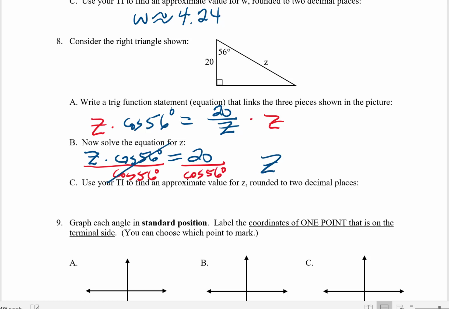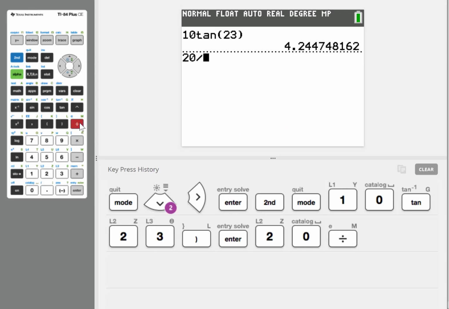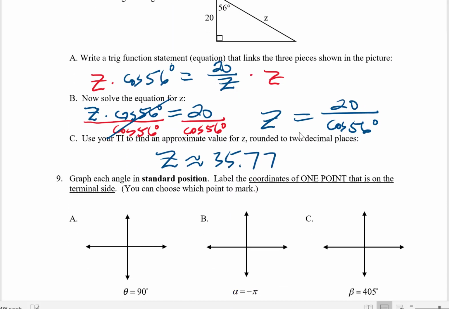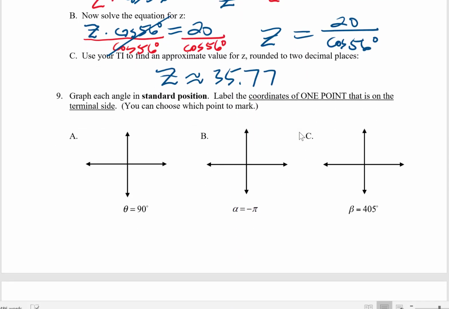And I'm done. Z is equal to 20 divided by cosine 56 degrees. Once again, I can simply type that into the calculator to get a decimal approximation. 20 divided by cosine 56 looks to be about 35.77.